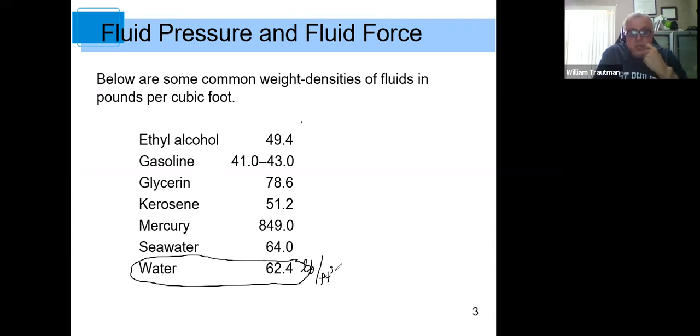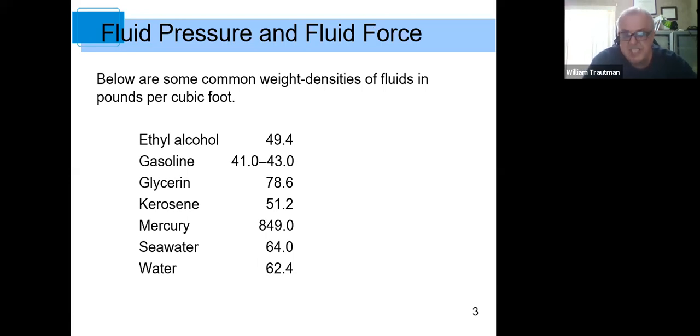I think if there were any of these other ones, they would tell you what it is. If you notice, seawater is 64.0. But normally the book wants you to know water, so have at least water written down, 62.4. Sometimes they don't tell you.